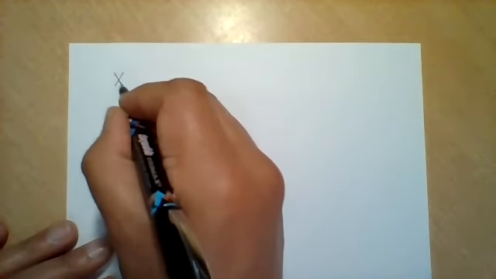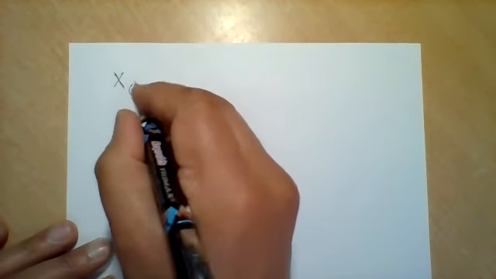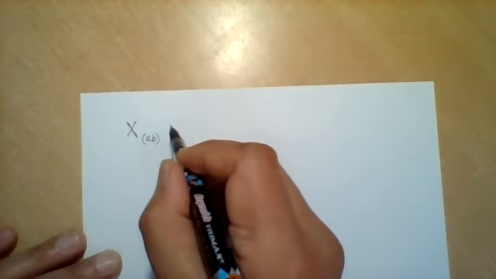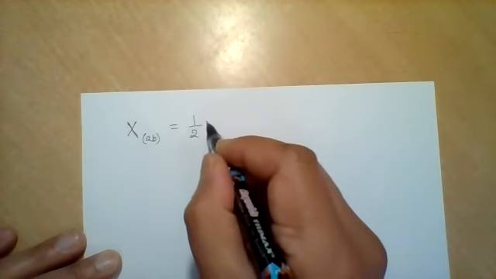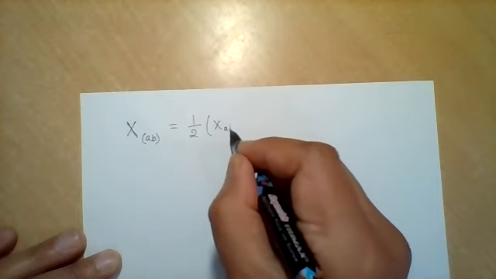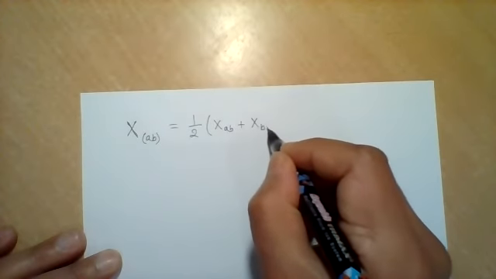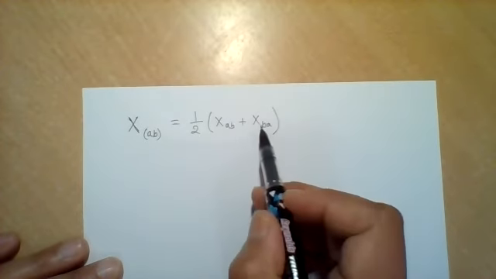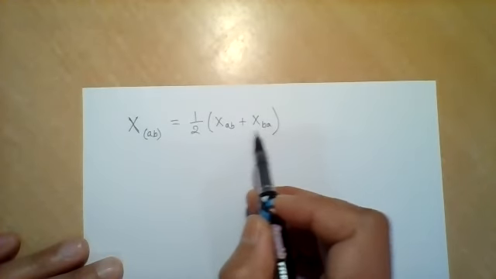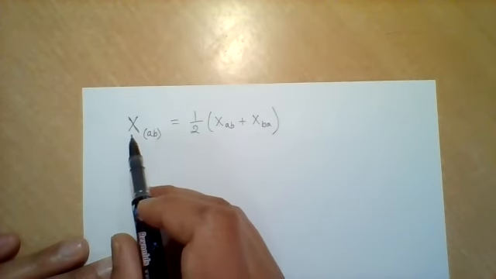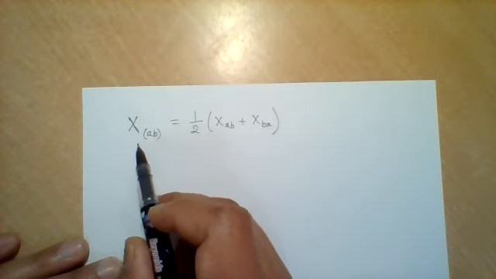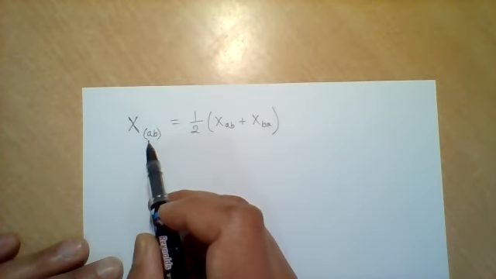If X is a tensor, X with round brackets AB represents the symmetric part of this tensor. That is, it is equal to 1 by 2 of X_AB plus X_BA. So this is the symmetric part.